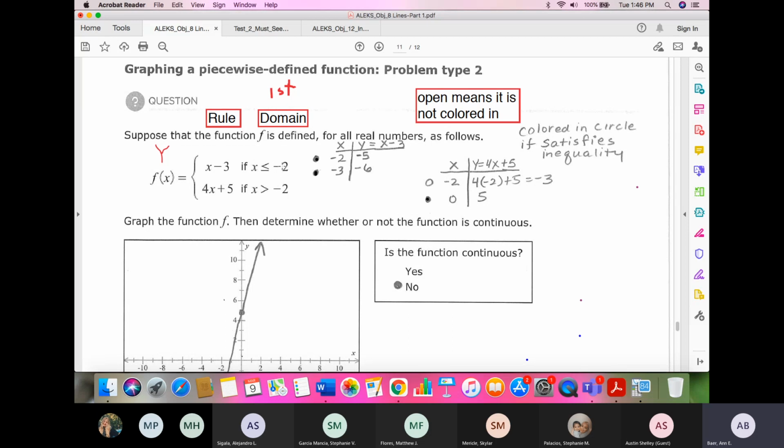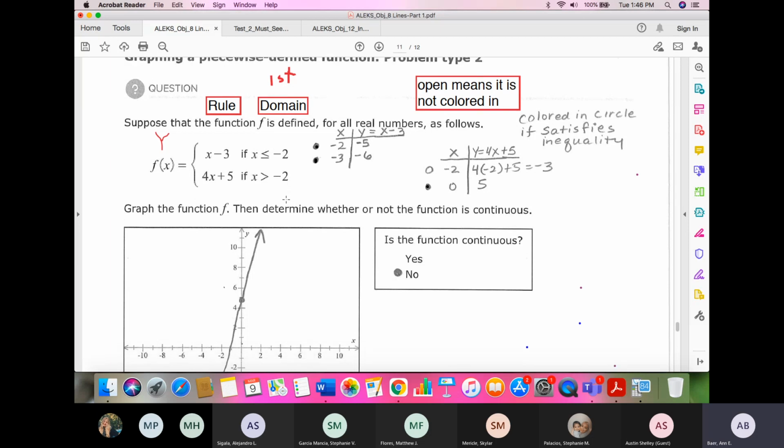You always want to figure out if your input, your x, satisfies this inequality or this inequality. It's not going to satisfy both. It's going to satisfy one or the other. And there are different variants of this as well.